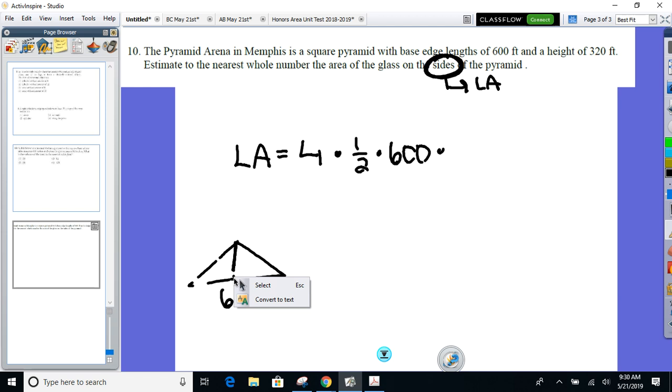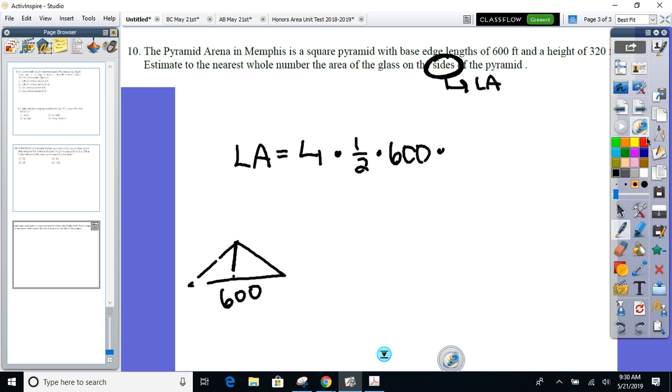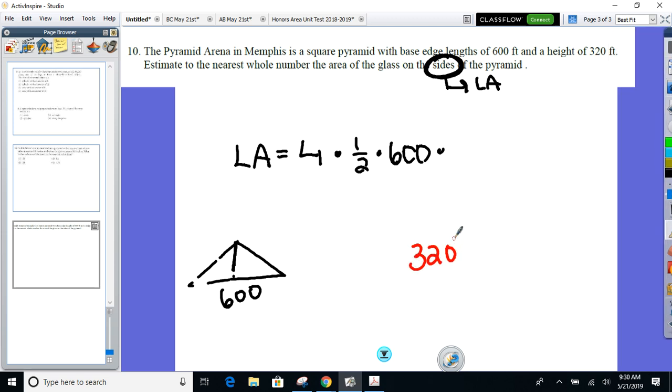But I was only given height. That's not slant height. If this was slant height, I'd literally write in the word slant. This is the Mission Impossible height. So what do I do with this to get the slant height? We do the Pythagorean theorem. So everyone ready? I do 320 squared plus, anybody remember what comes next when you make this right triangle?